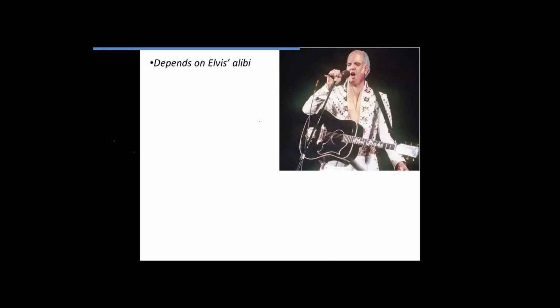The probability Elvis could have been the source is key to the whole thing. You really can't make any statement about source probability for Elvis without thinking about or taking a position on whether Elvis could have been the source, thus Elvis's alibi.